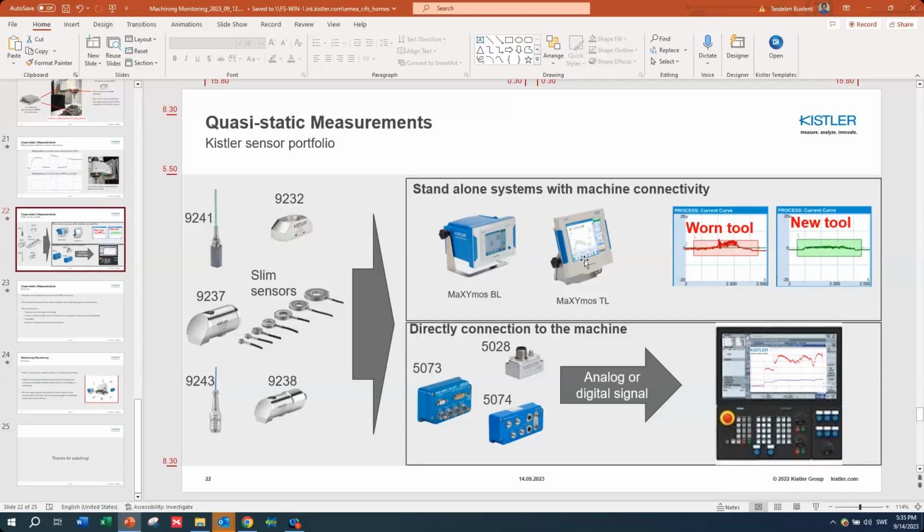So cost effectiveness is one, flexibility is another one. As I said, we are flexible when it comes to using certain sensors and placing them also as a retrofit in the machine. You don't need to make big changes in the machine, and you don't need to have a certain Siemens version or Fanuc version and so on.